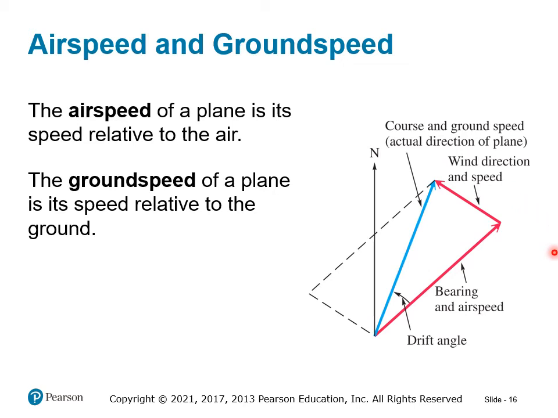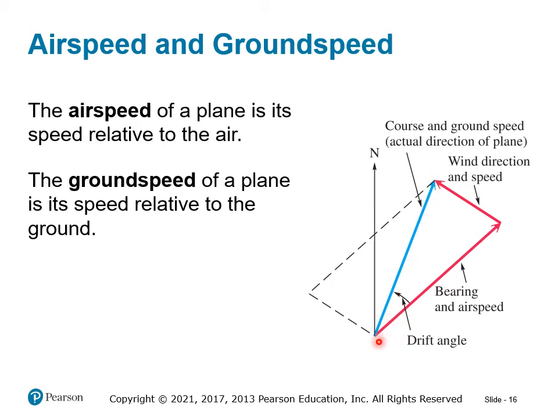Okay, so let's look at this diagram. Here is the bearing and the airspeed. This is where the plane would take off from and head this direction, knowing the wind direction and speed is going to act on the plane. And so the ultimate direction the plane is going to go is this resultant in green, which is actually the course of the plane and the ground speed of the plane. This is the actual direction it's flying.